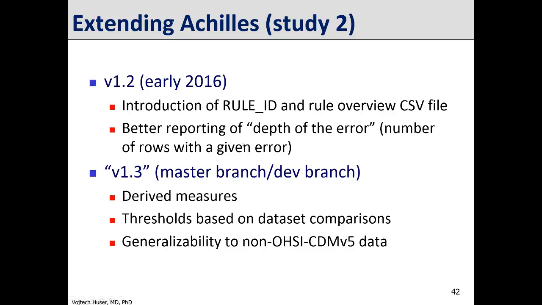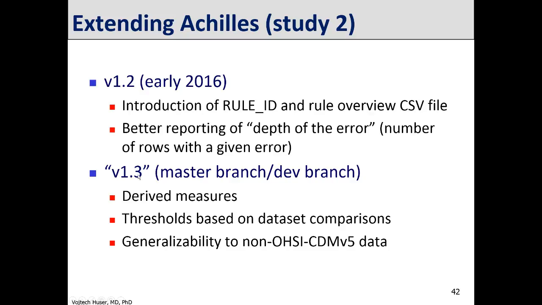And we improved how many offending rows, it's now separated out in a separate column in the output table called Achilles Heel results. So if we ever do that study again, it'll be much easier. We won't have to use regular expressions to try to extract something which was not well put into an unstructured field.